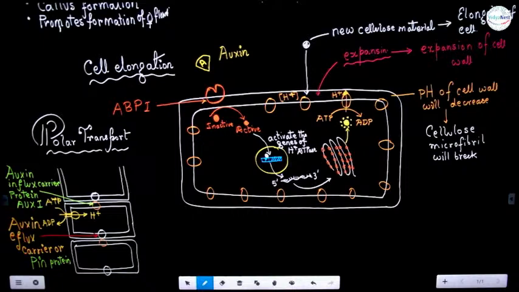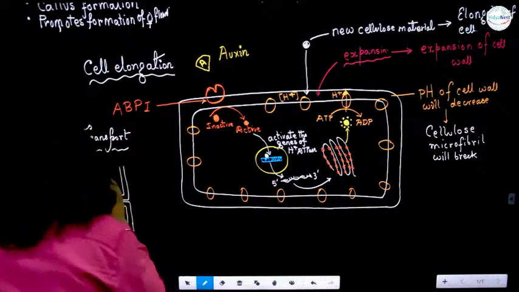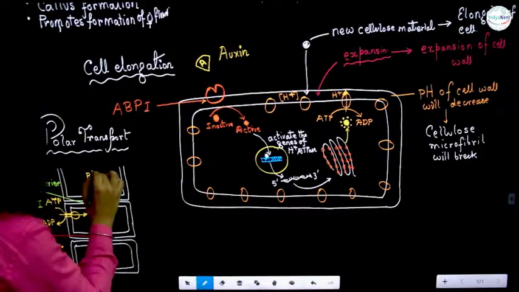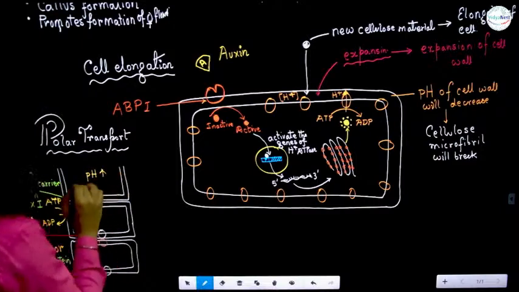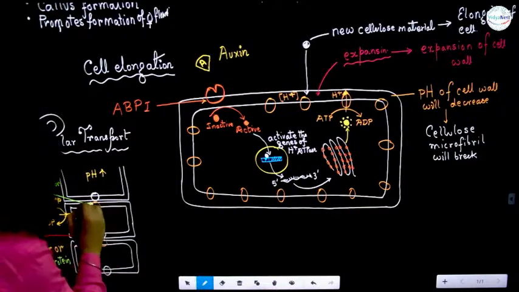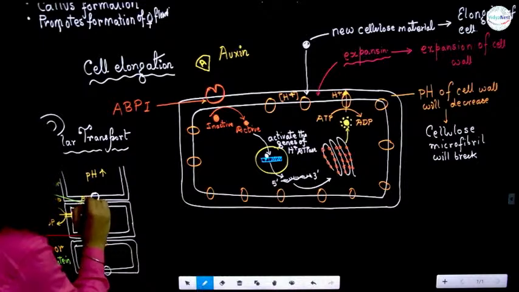So जैसे जैसे H plus ion का entry होगा, here we can see that H plus ion and indole acetic acid which is formed, पहले तो दो फॉर्म में रहता है इंडोल एसिटिक एसिड. पहले प्रोटोनेटेड फॉर्म में रहता है और उसके बाद वो टूट जाते हैं क्योंकि यहाँ पे जो pH है it is greater. That means pH is more and यहाँ पे जो pH है it is lesser.